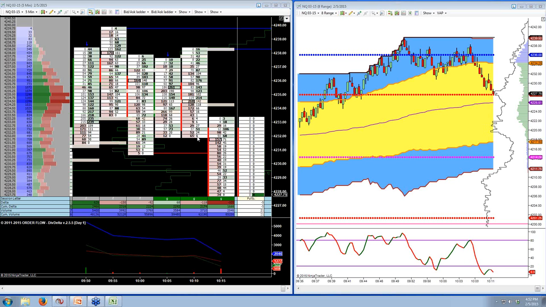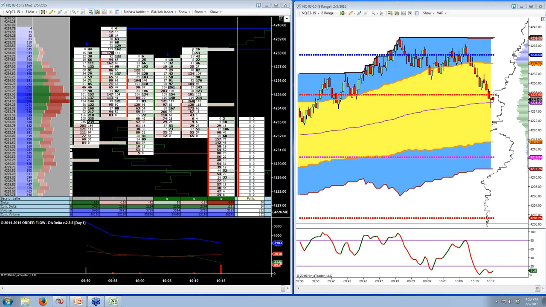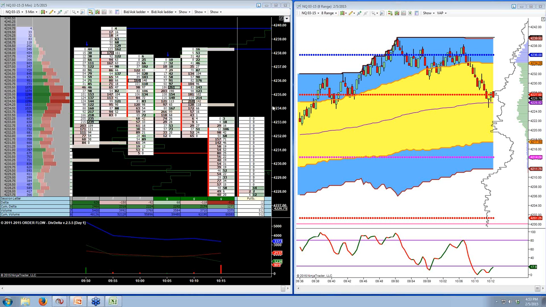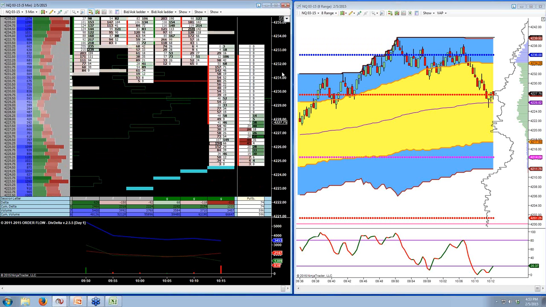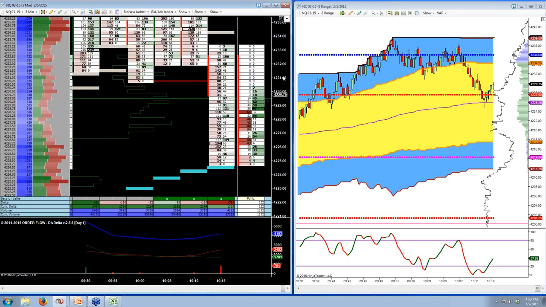But let's say that there was a 1 here or a 2 here or whatever, that would be considered unfinished business, and price would wind up retracing back up to that. Wherever you have unfinished business, price will wind up retesting. It doesn't necessarily mean right away, but at some point it will find its way back to that unfinished business to finish its business.